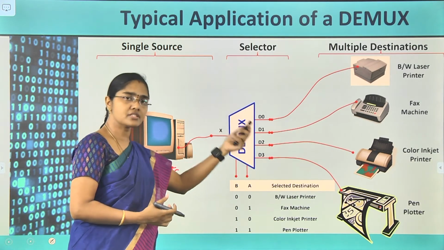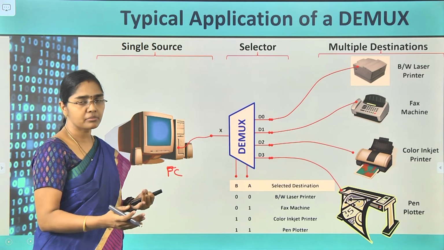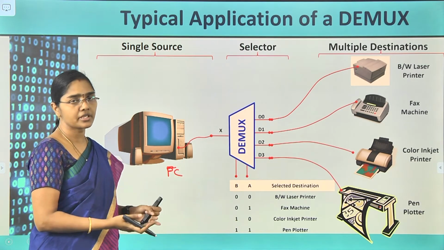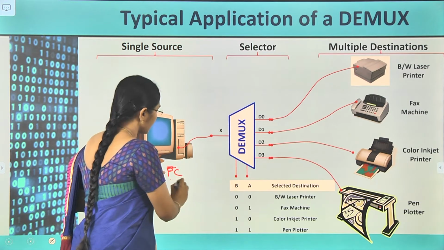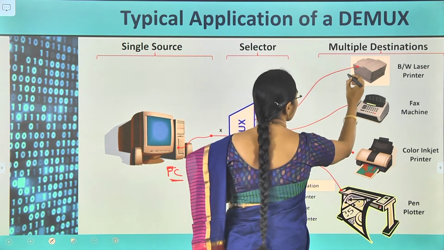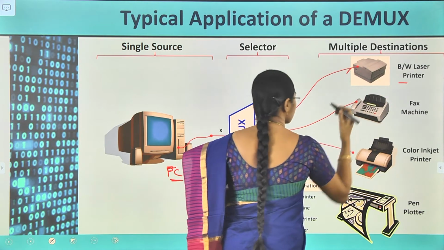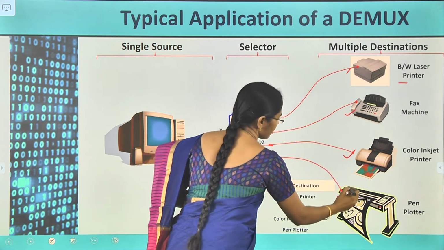That output may be sent to a print copy, that may be a black and white print or color print, or we can send that as a fax, etc. So see here, output from this PC is going to be connected to multiple devices like a black and white laser printer, fax machine, color inkjet printer or pen plotter.